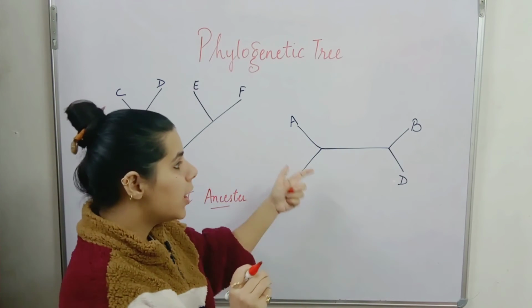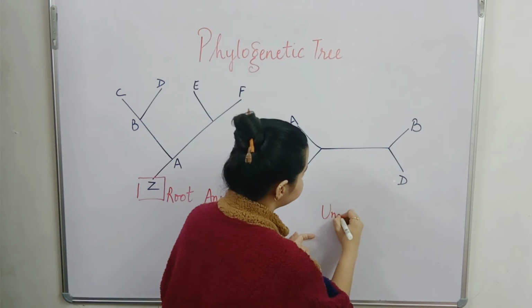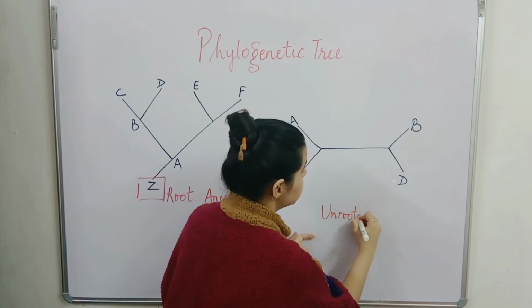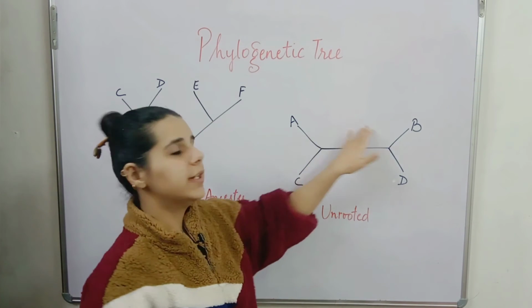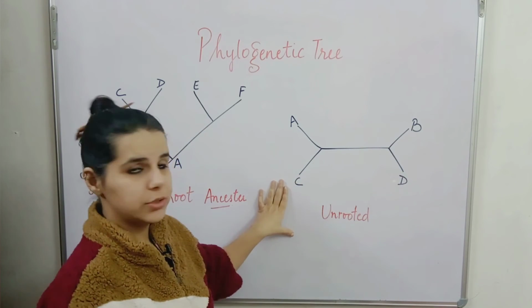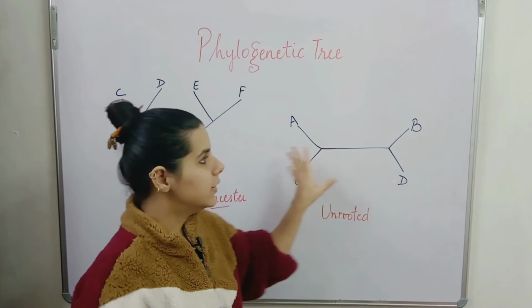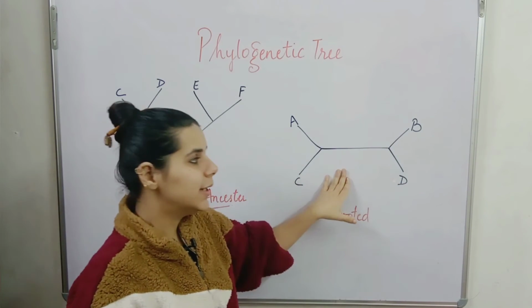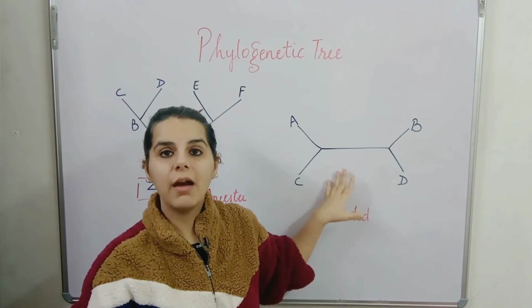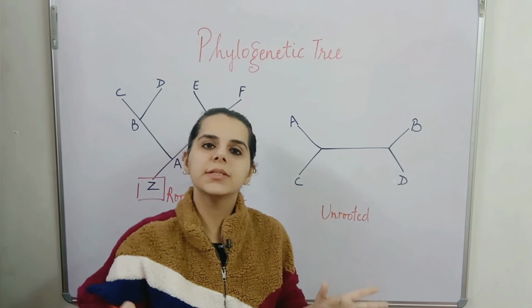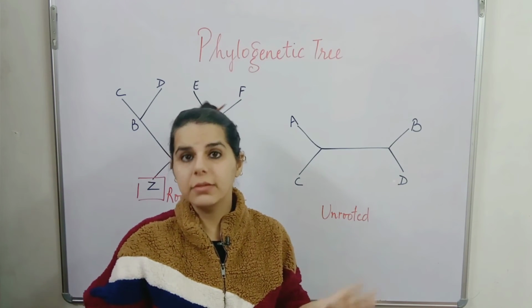But in case of unrooted phylogenetic tree, we have only connections. How A is connected to C, how B is connected to D, right? So we have only connections. What we can study in an unrooted phylogenetic tree are the connections among various different species, various organisms.